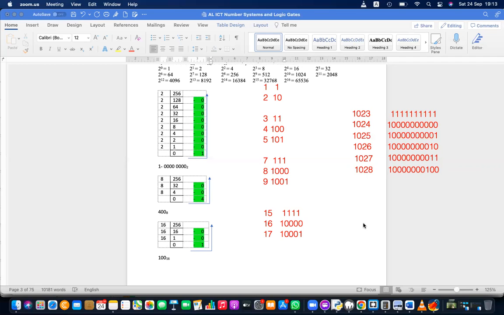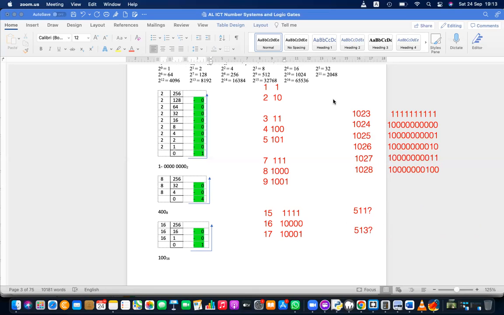I'm asking this: what is 511? Can you convert 511 to binary quickly, and can you convert 513 to binary quickly? So what are the answers, tell me very quickly, now you have to be very fast.